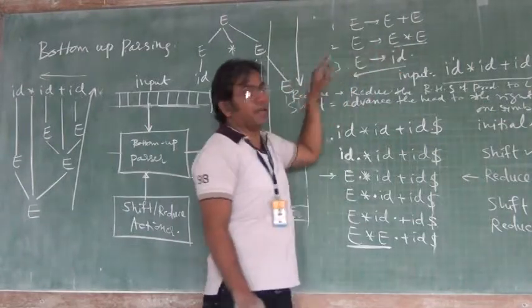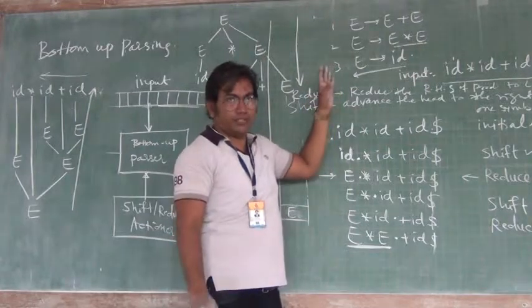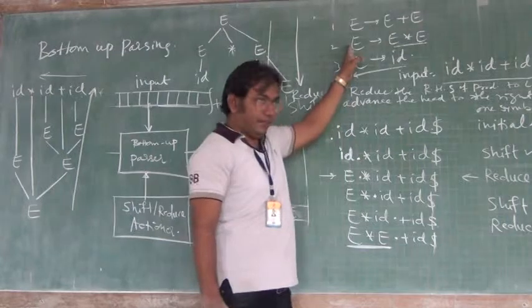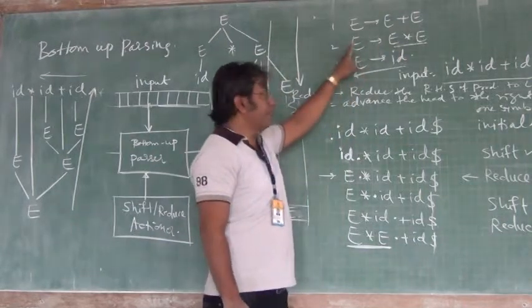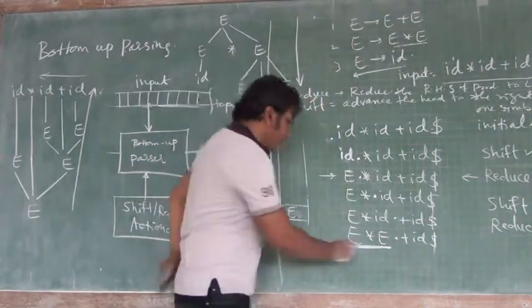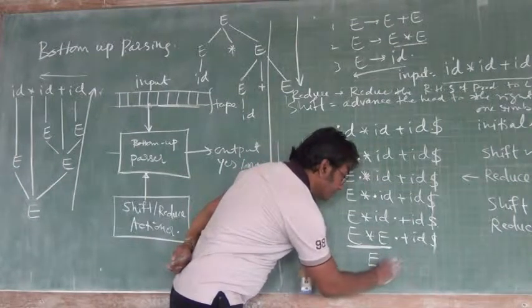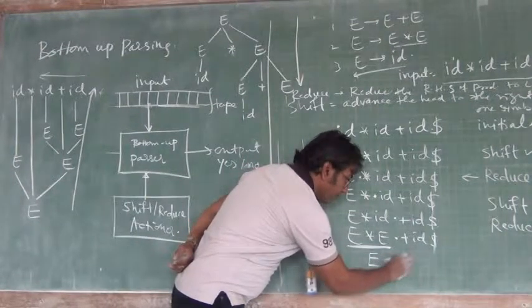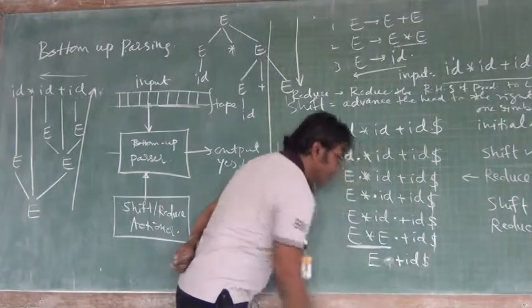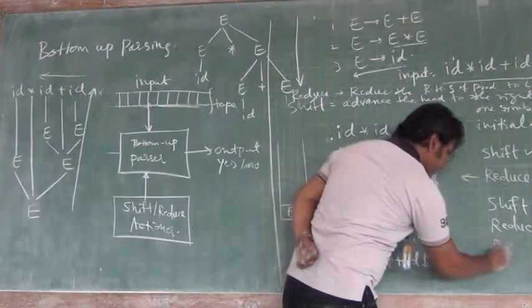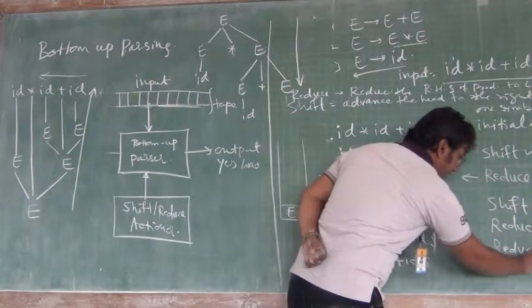The second production matches with its right hand side. So that right hand side I replace by my left hand side. So what? E dot plus ID dot. What action did I do here? Reduce action I did.